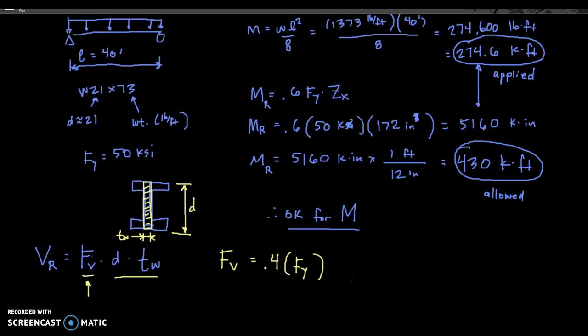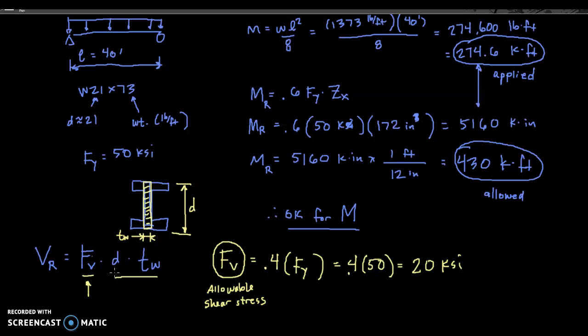Our yield stress for this A992 steel is 50 ksi. So this is going to be 0.4 times 50, which is equal to 20 ksi. That is the allowable shear stress.